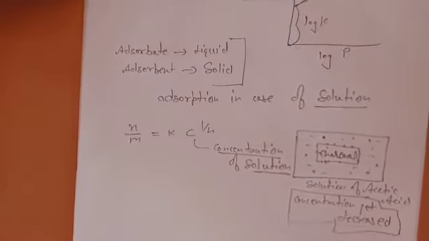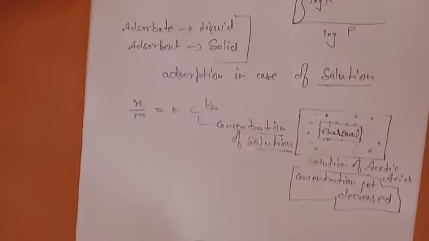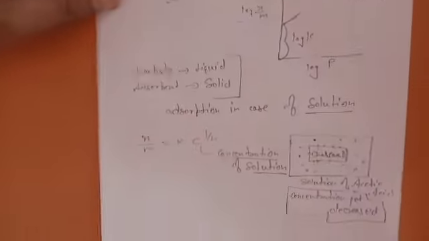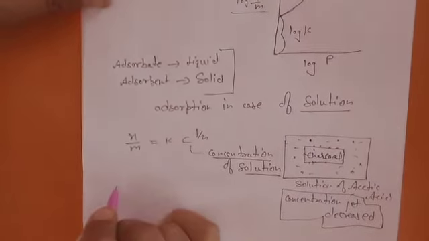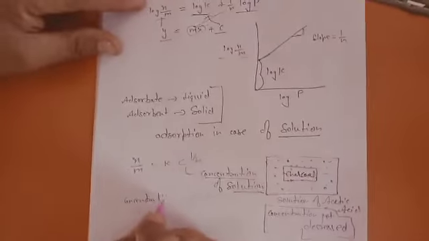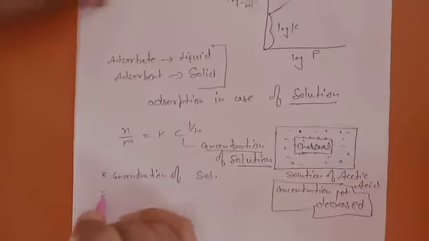Now if you talk about what factors this adsorption in case of solution depends on, we find that it depends on the concentration of the solution. Four factors are given in NCERT.